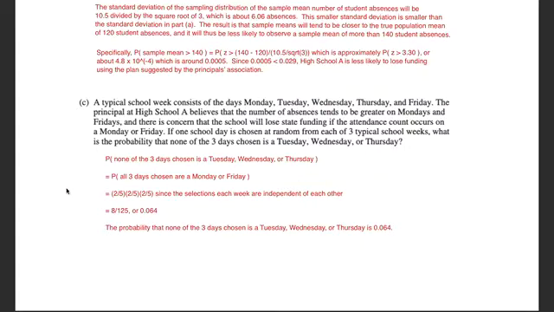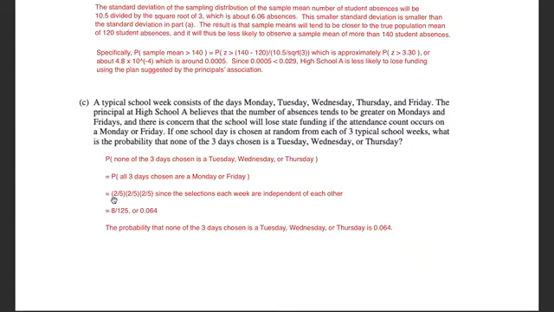So I'm using probability notation to describe and rewrite these events. It is important that you either use the word probability or you use probability notation. We want the probability that none of the 3 days chosen is a Tuesday, Wednesday, or a Thursday. Well, what that means is I want the probability that all 3 days chosen are a Monday or a Friday. Monday or Friday, that's 2 days out of 5.